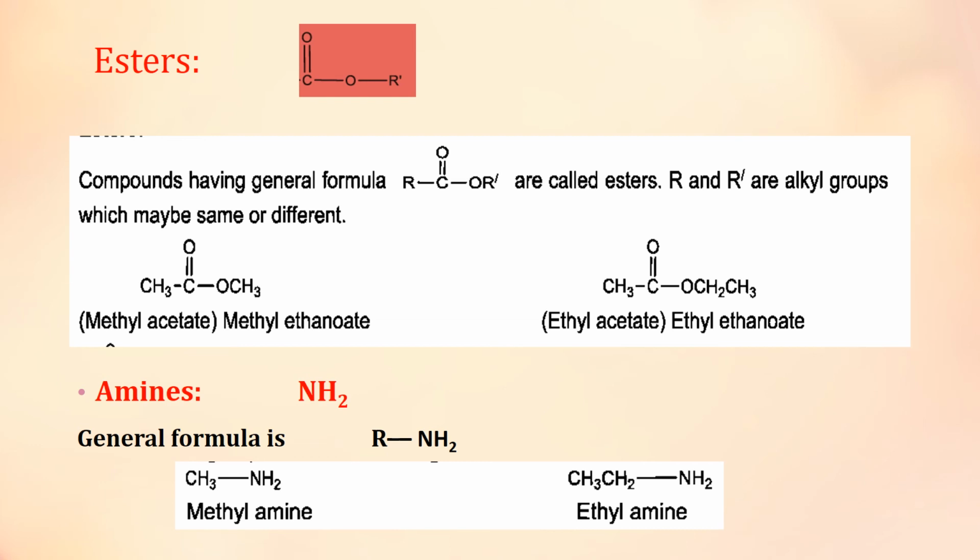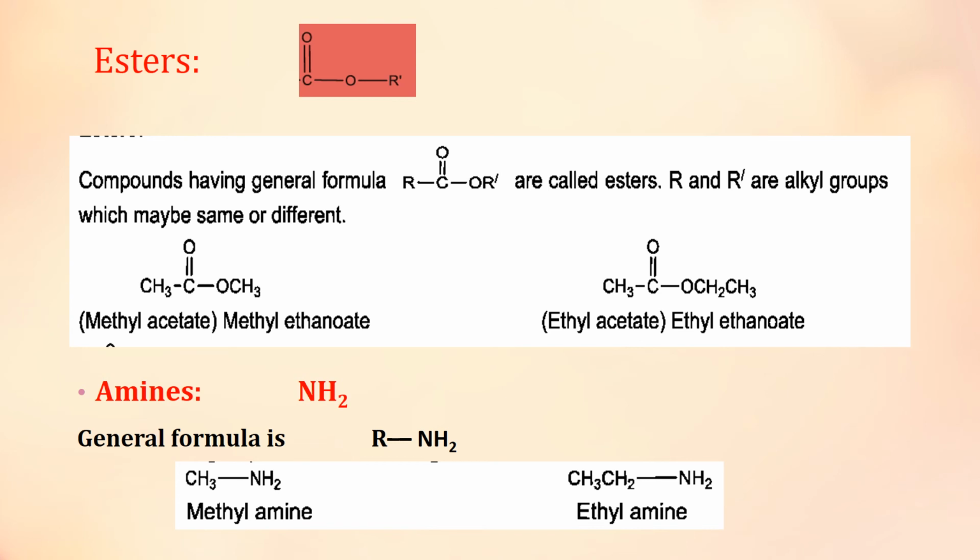Here again this R and R dash may be the same alkyl group or they may be different. As in this case you can see that along with the carbonyl group, on one side a methyl group is attached, and on the other side with the oxygen again a methyl group is attached.